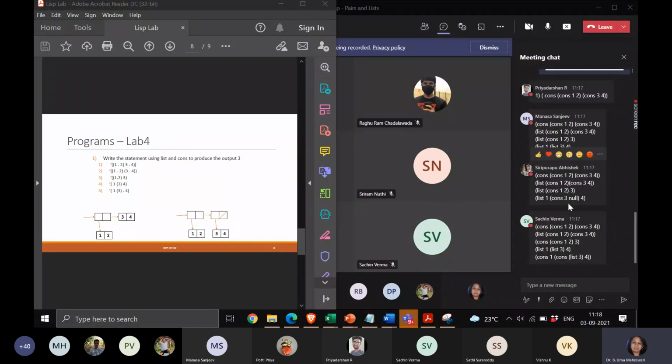I can see a different answer, list 1 and then cons 3 null and then 4, that is also giving the same answer. Oh, nice. So it depends on the question what we are enforcing on you. Just use only cons, there will be only one answer, right? You can use the combinations of list and cons, then multiple answers.